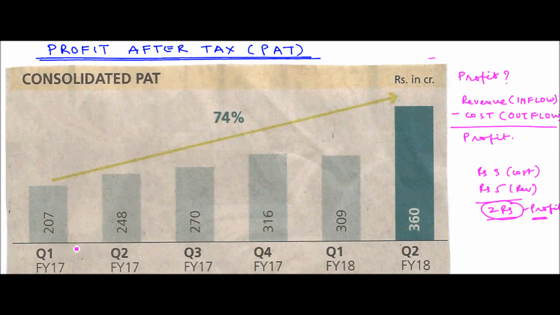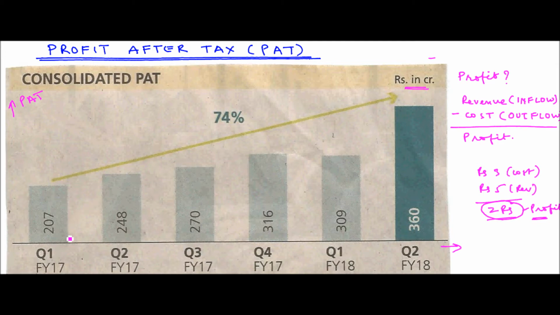So as you can see in this graph, the x-axis, which is this one here, shows the time period in quarters. So Q1 for FY17, Q2 for FY17, Q3 and so on. And the y-axis shows the PAT, or profit after tax. So this amount is in crore rupees.